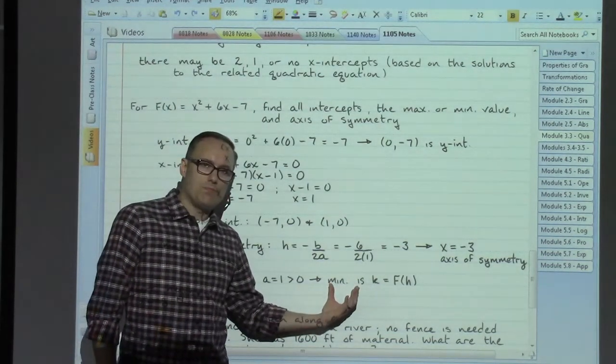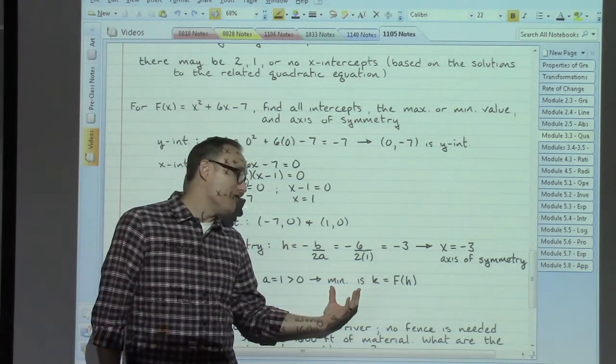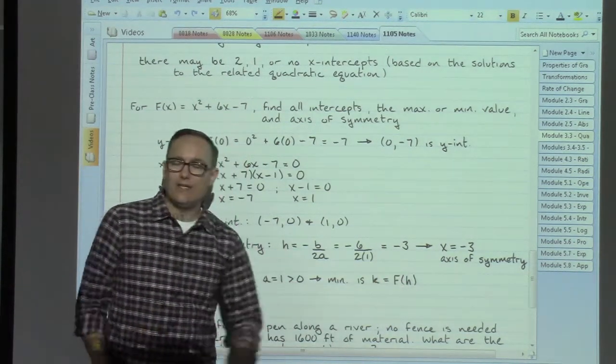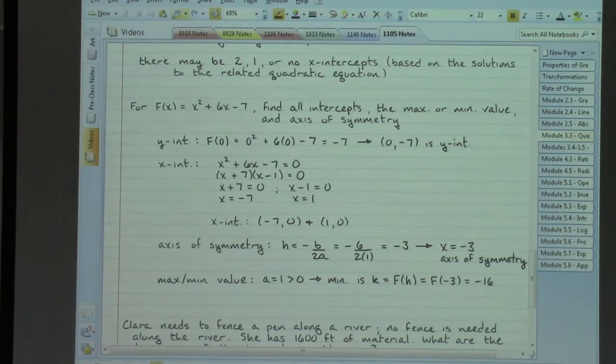The vertex would be a minimum point. That means the k value is a minimum value. So if we calculate that k value, we want capital F of -3. So if we crank that out and get a -16, that means that officially speaking, our minimum is -16.